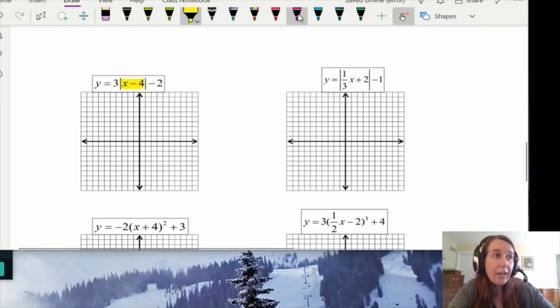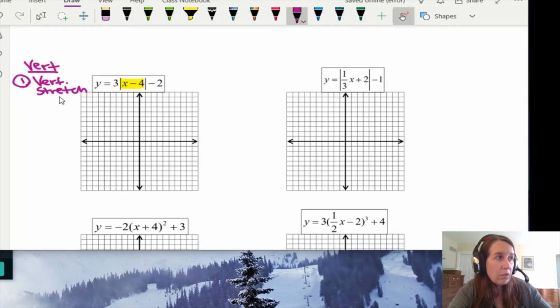So what I like to do is write down what transformations I have. What are my vertical transformations? So I have this 3. The first thing I see is I want to multiply by 3, which is a vertical stretch by 3.